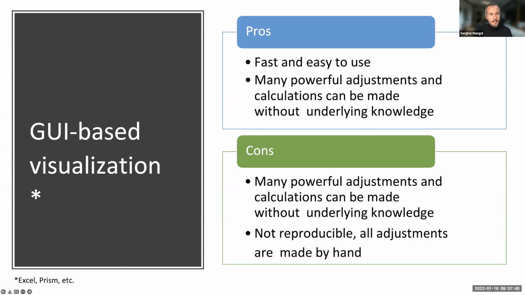All adjustments you're doing by hand, so others cannot reproduce it, but even for yourself, you will not be able to repeat the same experiment for different data. Like one data comes to you, you do the box plot, but another data comes and you need to do another box plot. So you need to start from scratch, which I think is a waste of time. So rather it's better to invest time and learn how to do code-based visualization, and then it will be quick to do for any type of data coming to you.